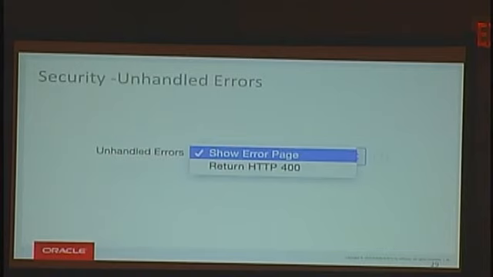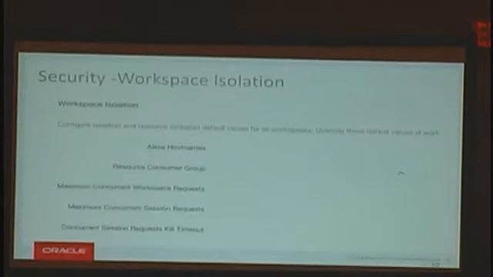In that case, you can change that to return just the HTTPD status of 400, and the end user will get an almost meaningless error message like "an internal error has occurred" on the server. In some environments, this can be interesting. Please also always have a look at the help text of those attributes.